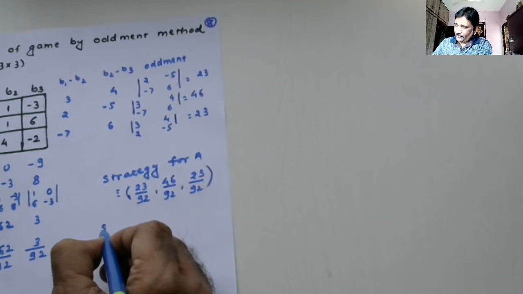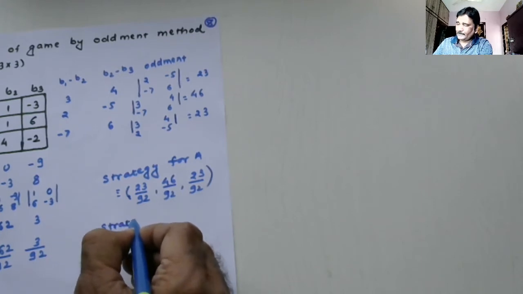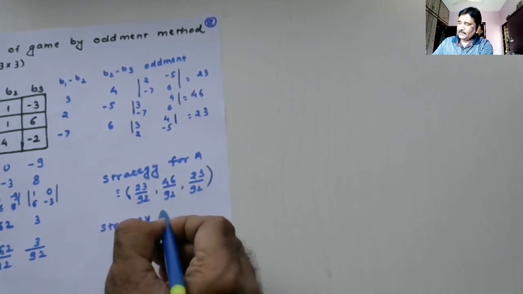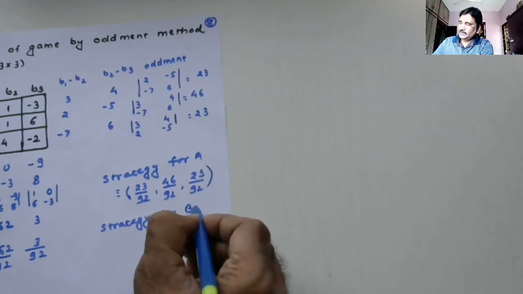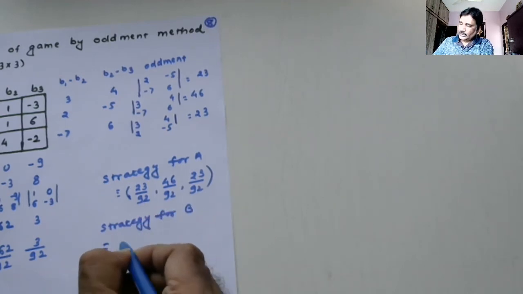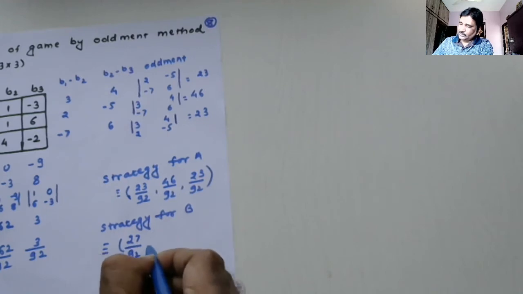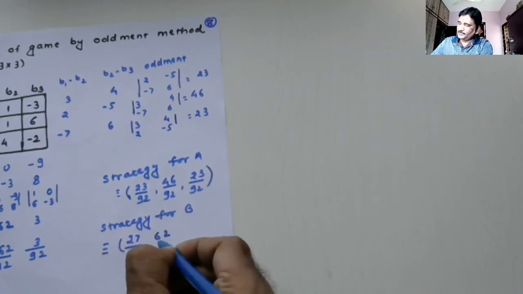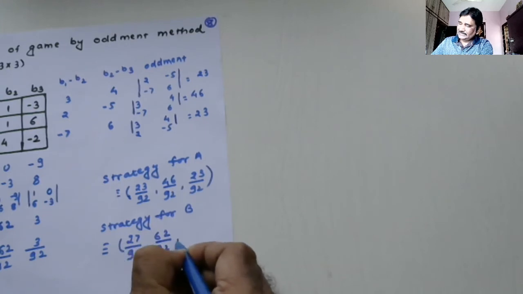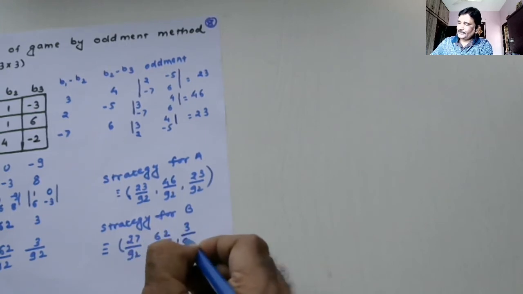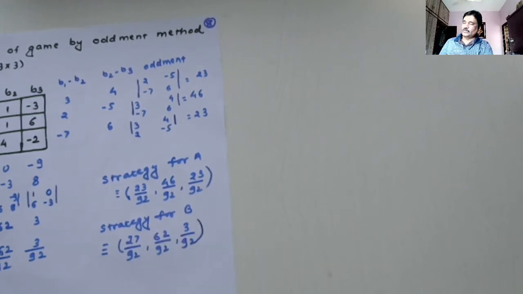And strategy for B, all right, 27 times B1 will be played out of 92 times, 62 times B2 and 3 times B3. Okay, this will be the proportion of courses of action selected by player B.